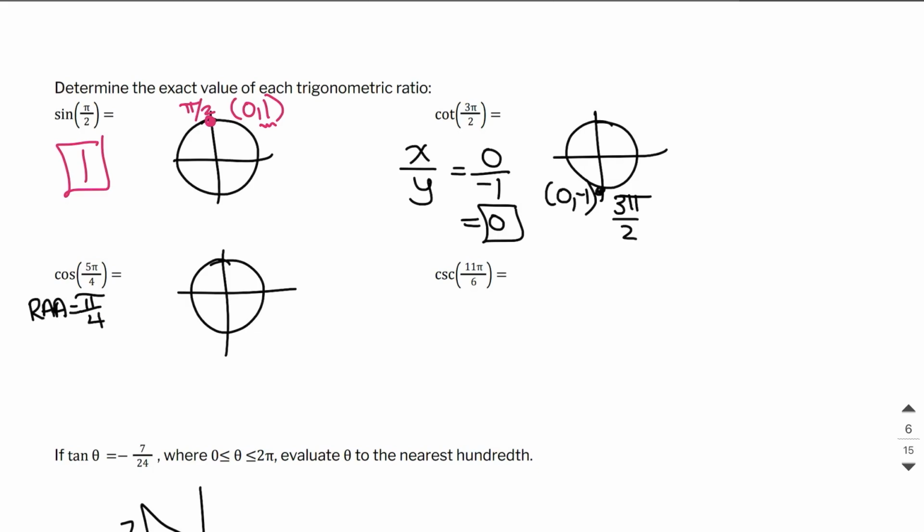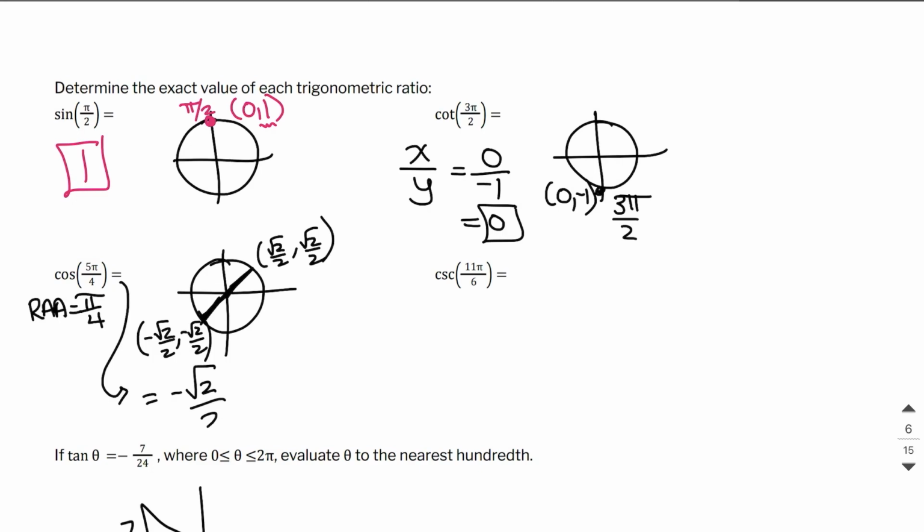So if we know that 5 pi over 4 is related to pi over 4, and if we know pi over 4 is root 2 over 2, root 2 over 2 as the coordinate, then we know this would be negative root 2 over 2, negative root 2 over 2, and cosine is the x value, so the answer to this is going to be negative root 2 over 2.